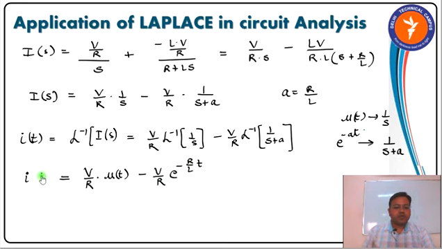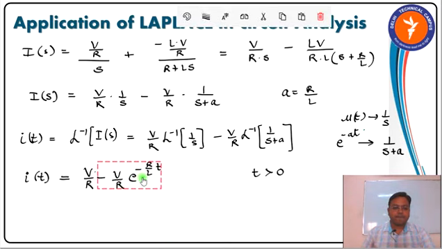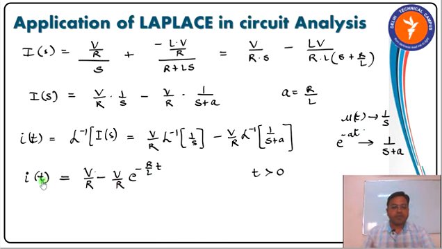Now this solution is for t greater than 0. For t greater than 0, this u(t) is equal to 1, so I can replace it with 1. So the equation will be like this: I(t) is equal to V by R minus V by R e raised to power minus R by L t for t greater than 0.